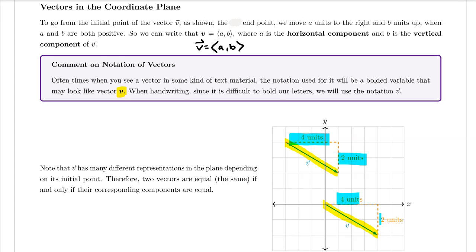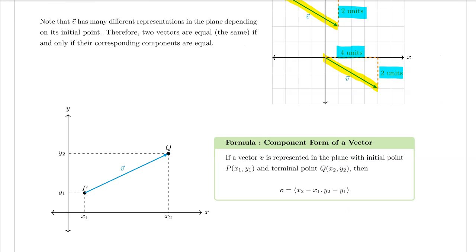And same here, these have the same horizontal and vertical components. Therefore, these vectors are the same vector, regardless of the fact that they are located in different places on the xy plane. So here we have vector v graphed, or we could call it vector PQ, because those are the two points that we're connecting with this vector.